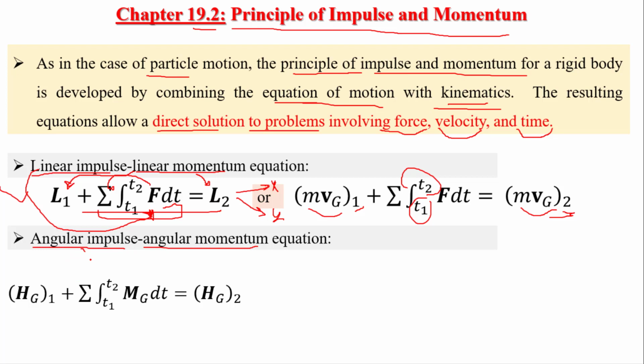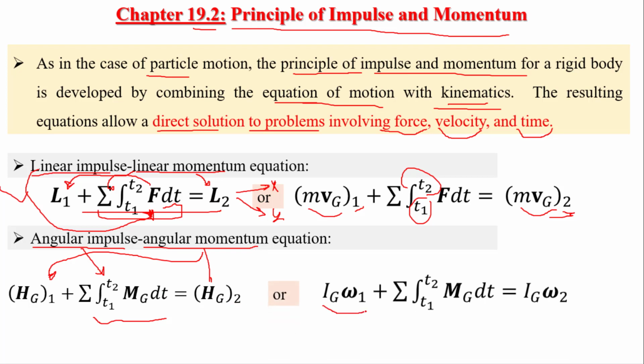So angular impulse, this term, mass moment multiplied by delta t, and angular momentum, this is Hg1 and this is Hg2, and instead of Hg we can write again Ig multiplied by omega plus the summation integration of mg delta t. If m is constant, we can take it outside of this integration.